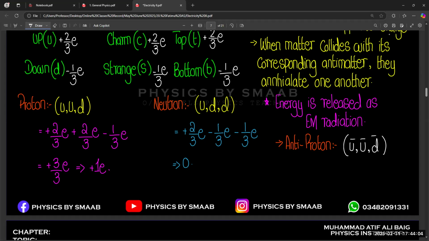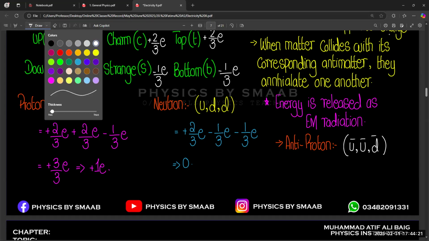Just like in the proton, we used to write U, and the charge of U is +2/3. But for the antiproton we write U with a bar over it. So the bar represents anti-up, and anti-up actually gives you the negative value.